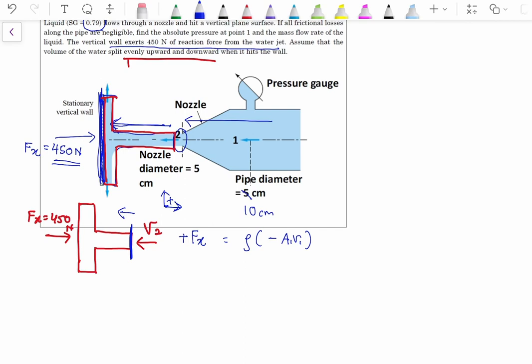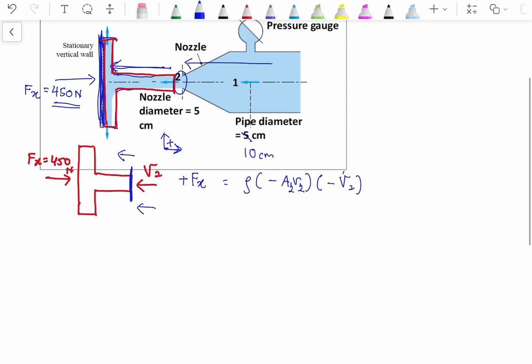Okay, and then the velocity direction is this should be rho A2 V2. Okay, and the direction of your fluid is to your left, so negative V2. Okay, so with that, your Fx is equal to rho A2 V2 square.